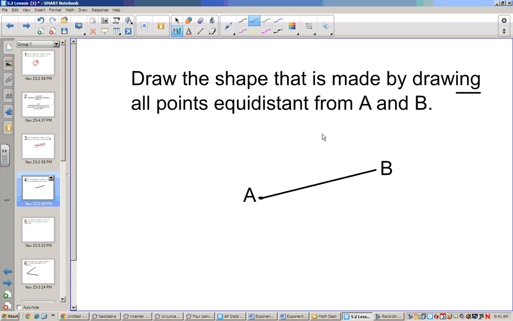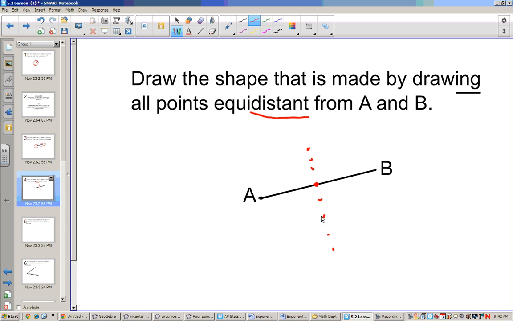Now I want you to think about the shape that's made by drawing all the points equidistant from A and B. Equidistant means equally distant. So if I picked one point, this point here would be the same distance from A and the same distance from B. The midpoint will also be. If I keep drawing this, let's see what this creates.